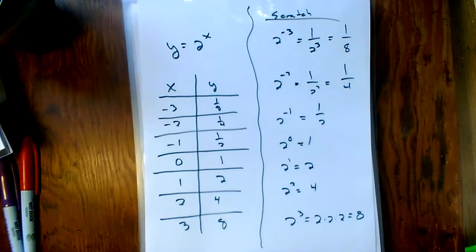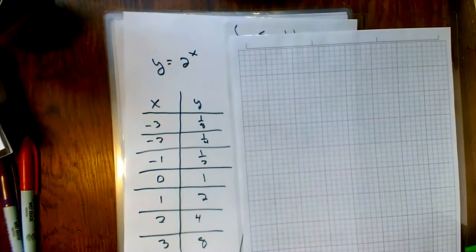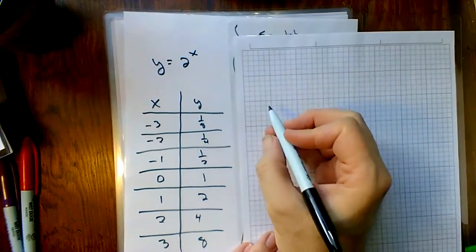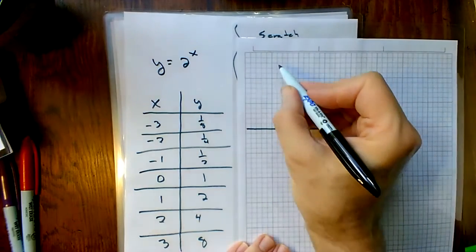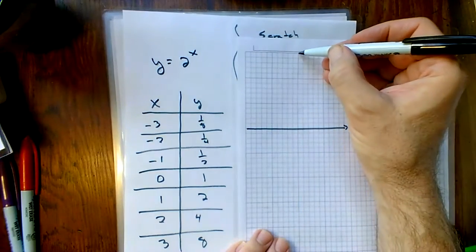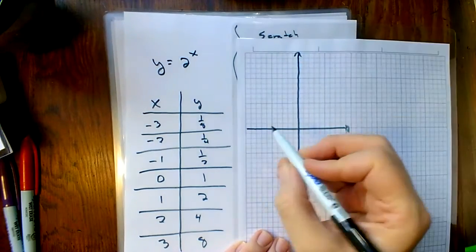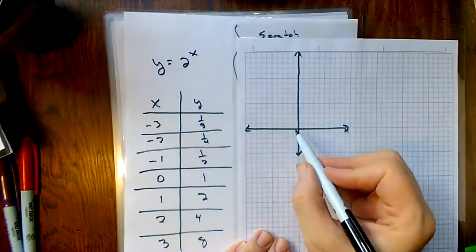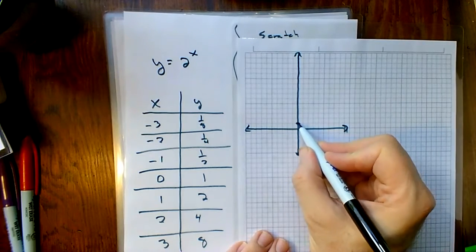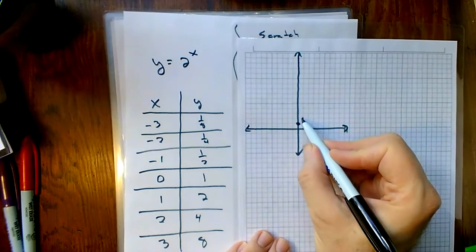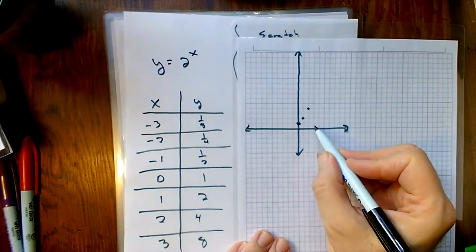And if I were to graph this sequence, we would see an interesting progression where at 0, it's at 1, at 1, it's at 2, at 2, it was at 4, at 3, it was all the way up at 8.